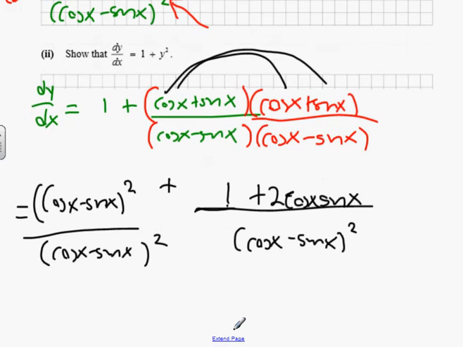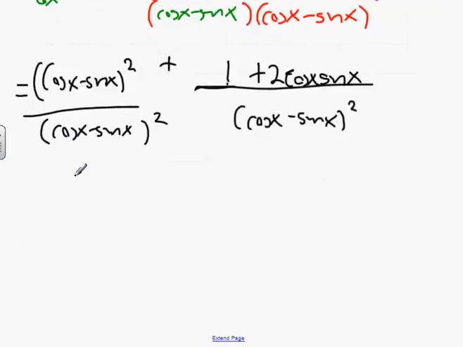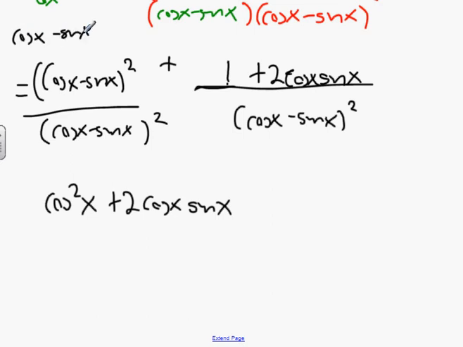So when we square that out, what we're going to get is cos squared x plus 2 cos x sin x. We've already squared this out before. It's basically cos x minus sin x multiplied by cos x minus sin x, and we multiply it out. Plus sin squared x.